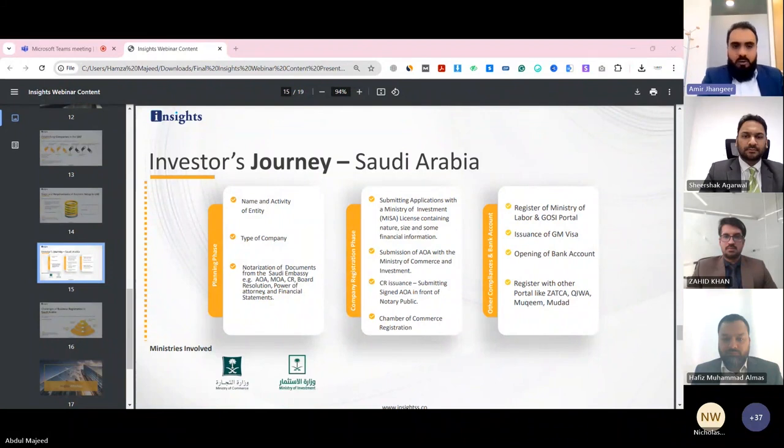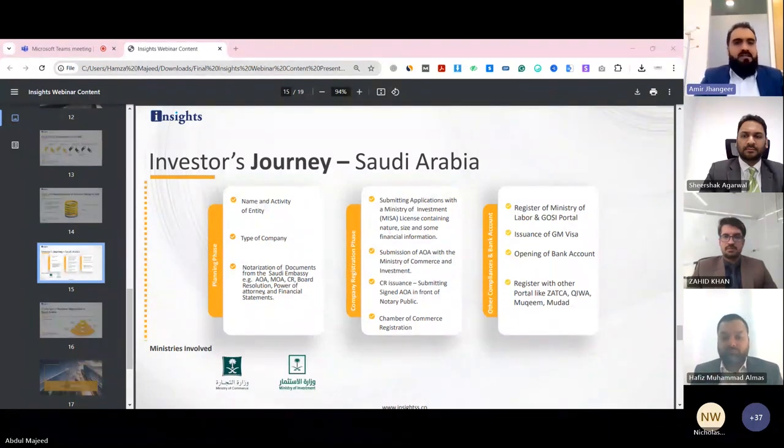Once we have all the documents in our hand, then we will start the application for the second phase. That is, we are going to apply for the MISA license. You can say that is the first practical step we are going to take for the company registration. Normally for the MISA license, what kind of information is required?